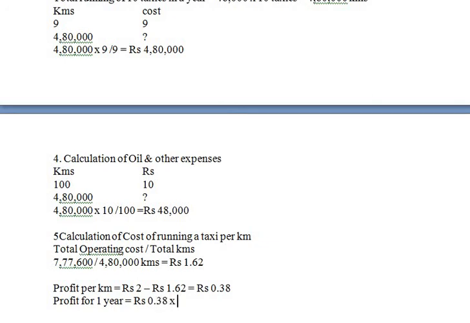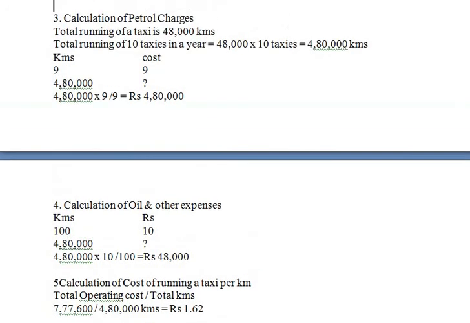Now the taxi has run for 4,80,000 kilometers. That is equal to rupees 1,82,400. So profit for 1 year is 1,82,400. Understanding everyone? Hope this problem is clear to everyone.